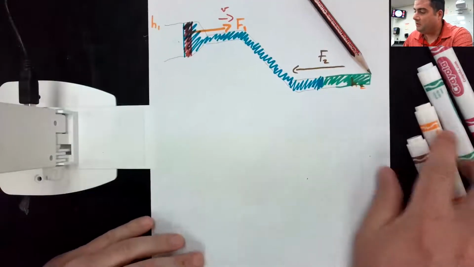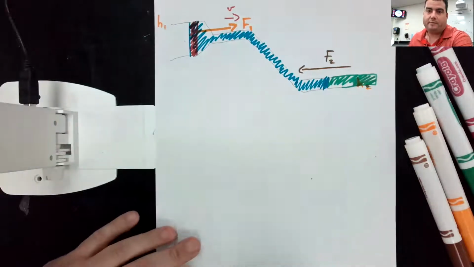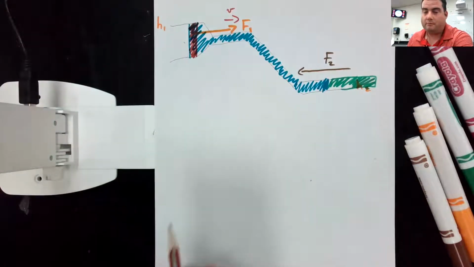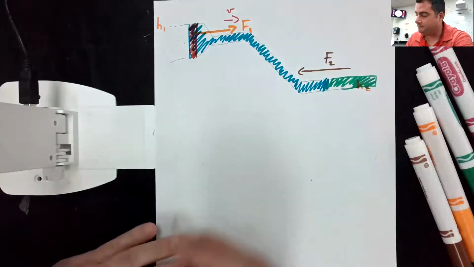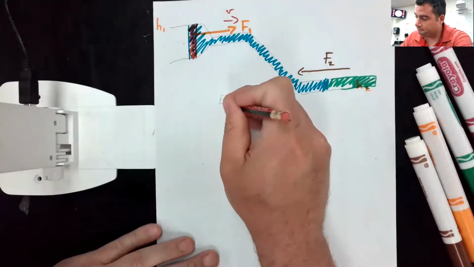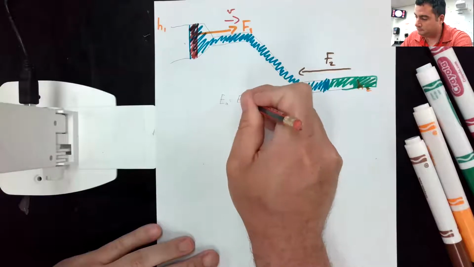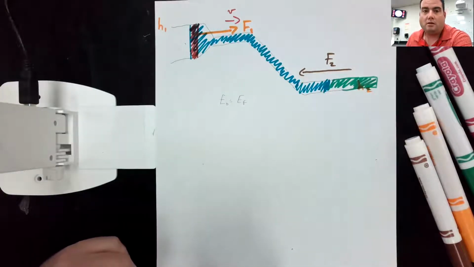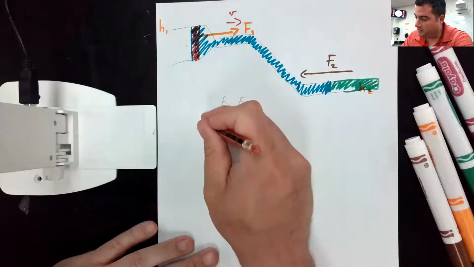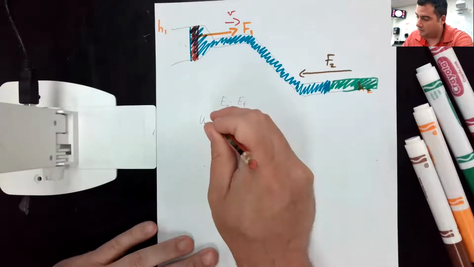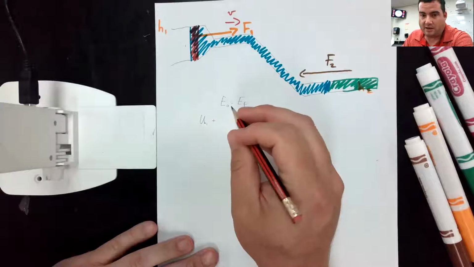So let's do an E original equals E final equation for this bit of water as it's moved in that direction. What do we have at the beginning? Presumably we have some potential energy and some kinetic energy.